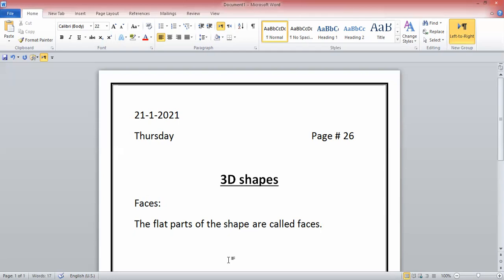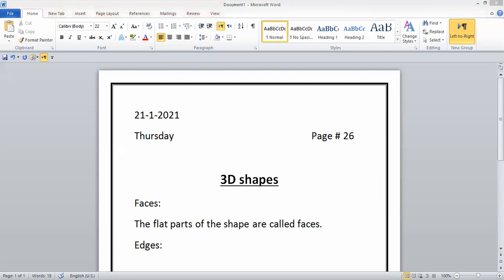Coming to the next, edges. What are edges, guys? Would you like to tell me?